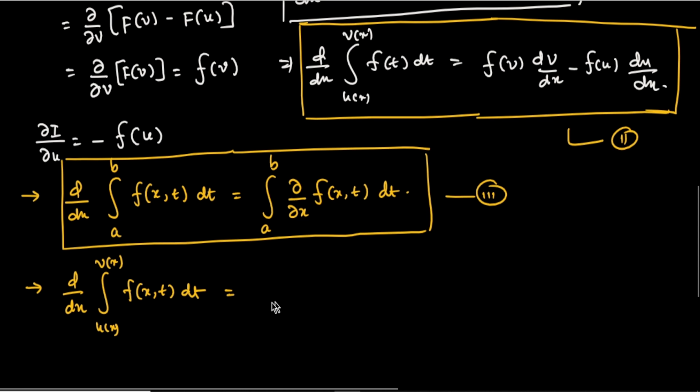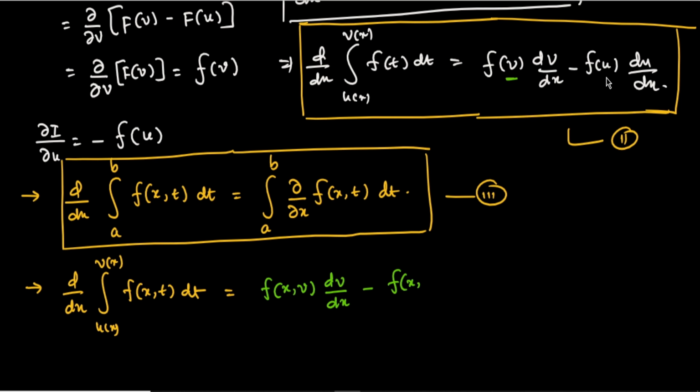So we can write here f of x comma v, so the t becomes v, times dv by dx, minus f of x comma u, where t is present we write u, times du by dx, plus the last additional term in equation 3, where u and v are the limits and are not functions of x, and here the partial differentiation takes place: partial differentiation with respect to x of the function f of x comma t, dt.